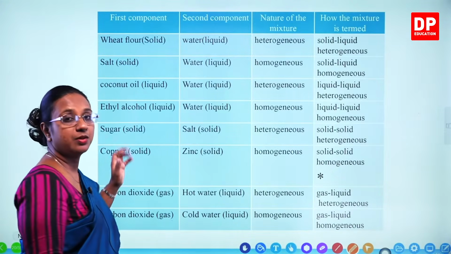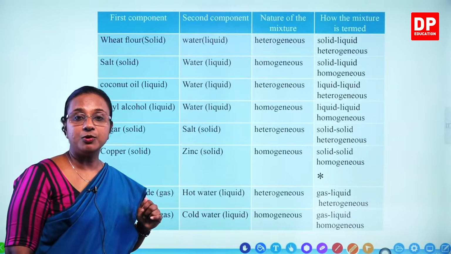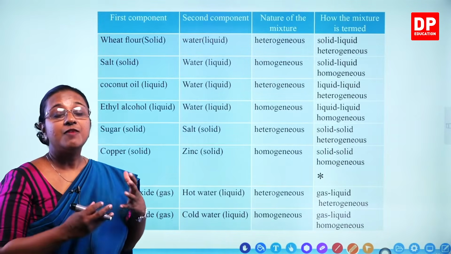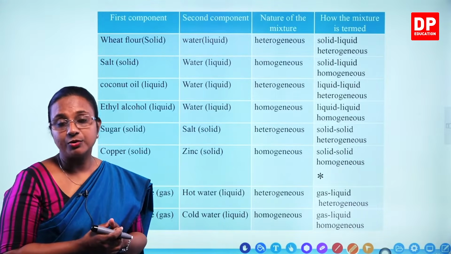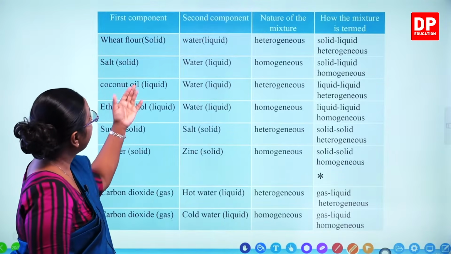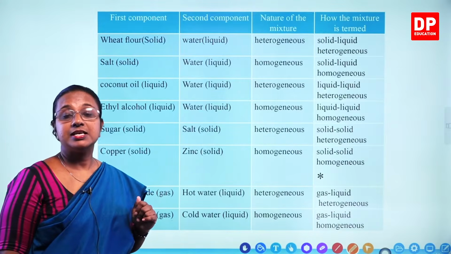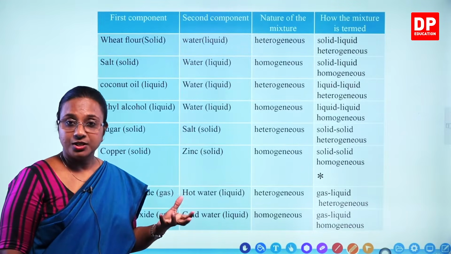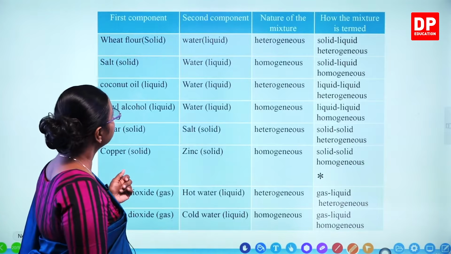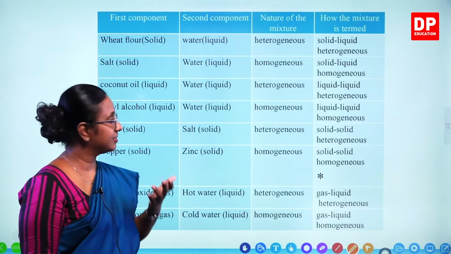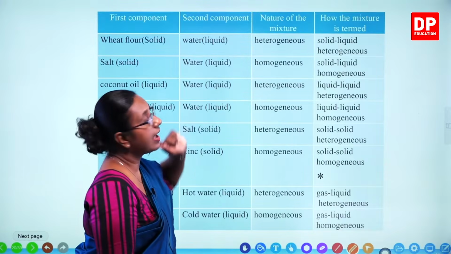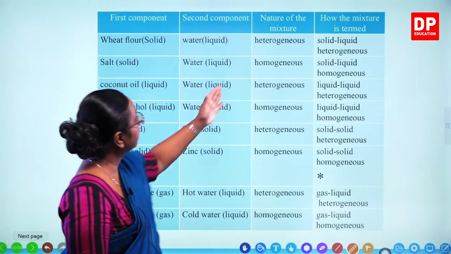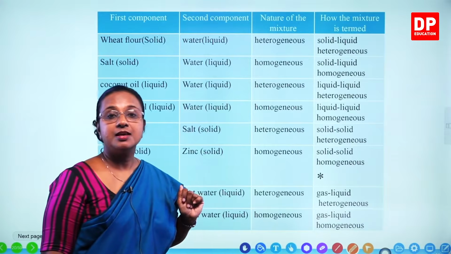Wheat flour. We discussed wheat flour before. That is a white color, powdery solid. And the second component is water, a transparent, clear liquid that's known to all of us. When we mix wheat flour and water, you get a heterogeneous mixture.